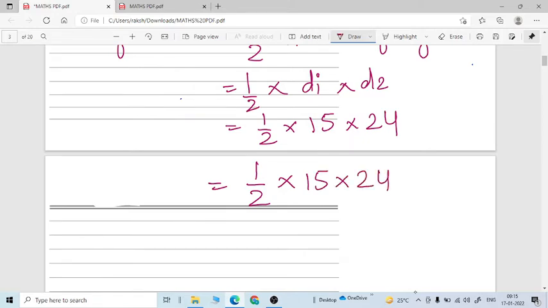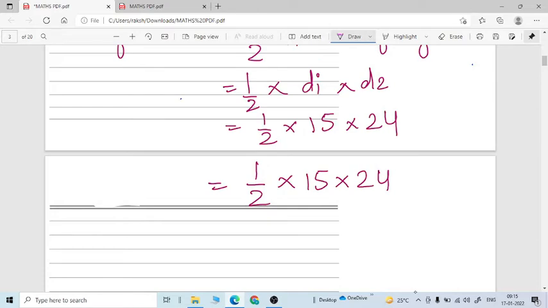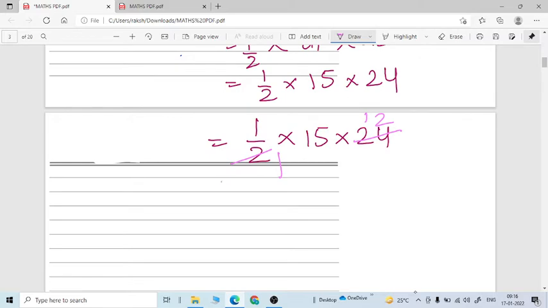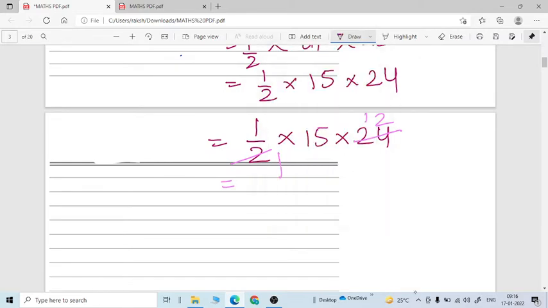Now let's move on to the calculation. Half of 24 is 12. So the answer we are getting is 15 into 12.